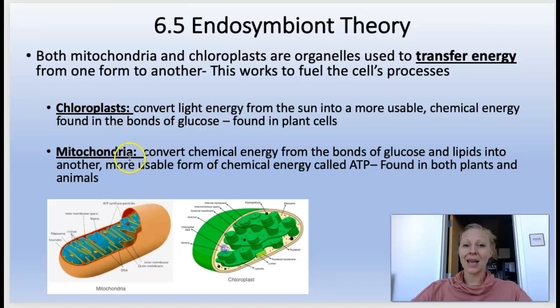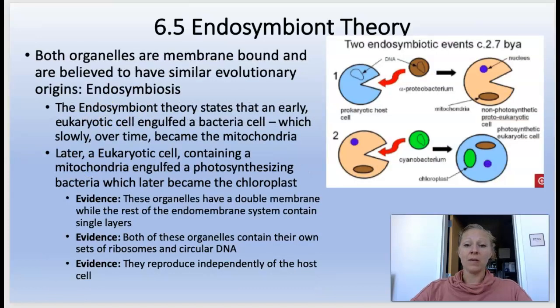Mitochondria then take that energy stored in glucose and convert it into another form of chemical energy called ATP. And these two are going to be the basis of the endosymbiont theory. So both organelles are membrane bound and believed to have similar evolutionary origins through endosymbiosis.